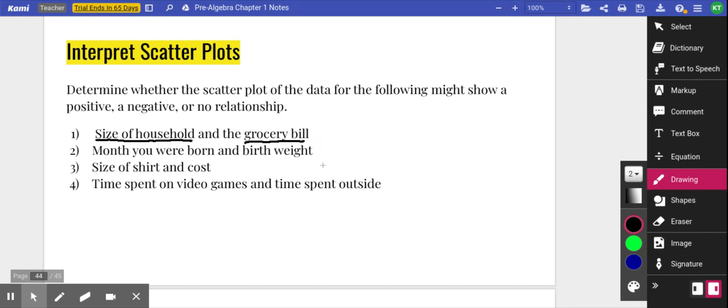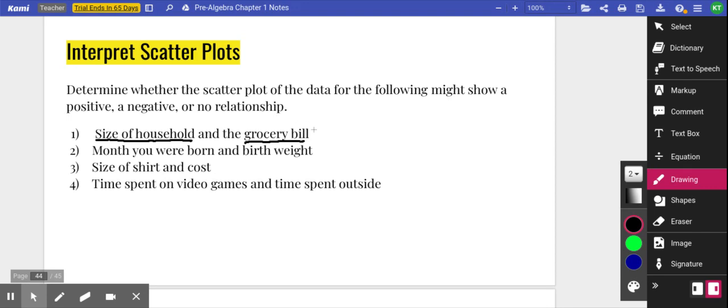If I have a household of one, when I go to buy groceries, I only have to buy for one person. If I have a household of two, obviously I'm buying for two people, and the grocery bill is going to go up because you've got to feed two mouths. Get up into a family of five, and your grocery bill is going to increase even more because you're feeding five people.